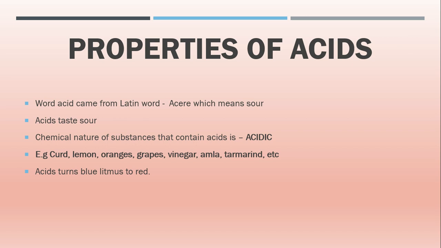It indicates in which direction you will move, right or left, right? Similarly, an indicator in chemistry tells which substance is acidic and which substance is basic in nature. So, acid turns blue litmus to red. We will come across this when we learn about these indicators. Now let's move on to the next.